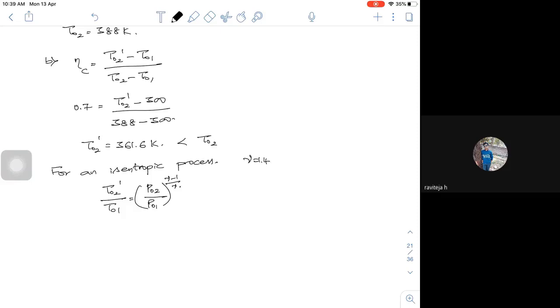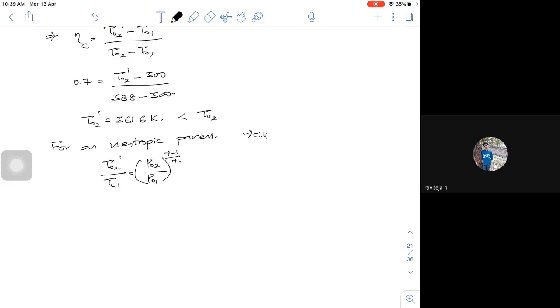What I don't know here is the value of P02. So P02 by P01 is equal to (T02 dash by T01) to the power of gamma by (gamma minus 1), or P02 is equal to P01 into (T02 dash by T01) to the power of gamma by (gamma minus 1).